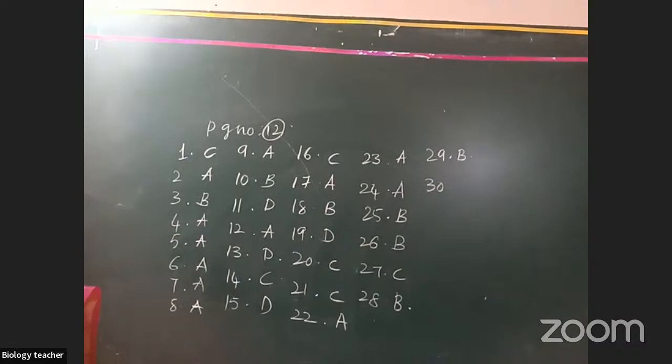Earthworms are called farmers' friends. The burrowing action of earthworms helps to loosen the soil particles. So both assertion and reason are true, and reason is the correct explanation of assertion.